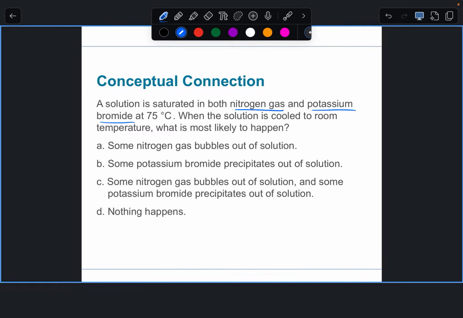Okay, so you've got all the gas you can dissolve, all the potassium bromide that you can dissolve, and then you cool it down. Take a minute and read through those options and see which one makes the most sense with what we know about how solubility is affected by temperature.